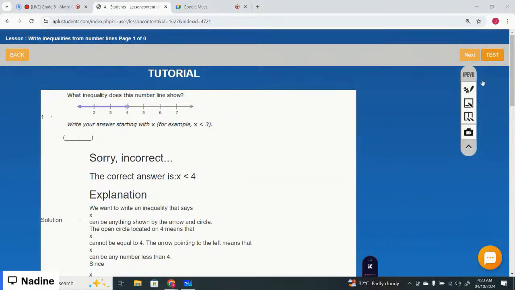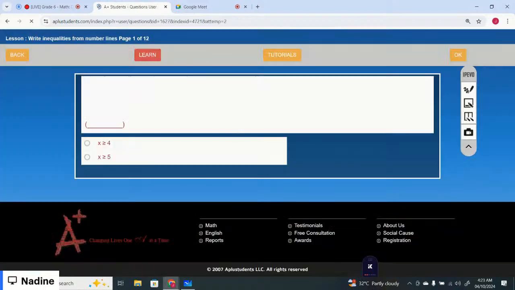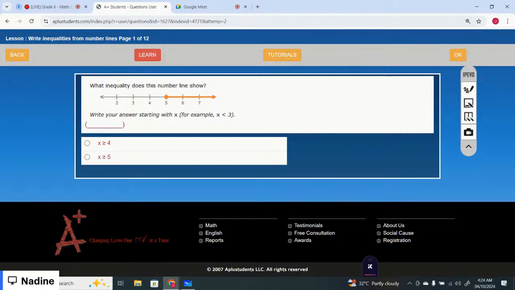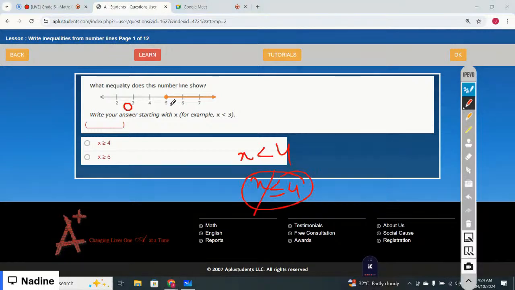Okay, let's just start with the test questions. What inequality does the number line show? So, which is the correct option? You can see that is a 5, right? And 5 has a closed circle. So, that means 5 is the solution of the inequality and all the numbers that are greater than 5.